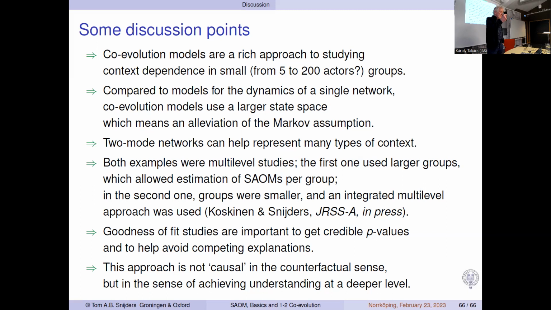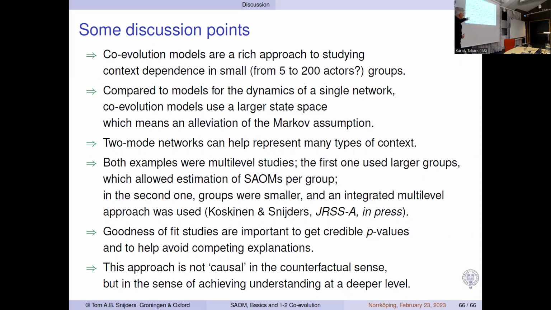The second one used an integrated Bayesian multi-level approach, random coefficient. So the latter is going to be published together with the Swedish researcher Johan Koskinen in JRSS, Journal of the Royal Statistical Society. But both were multi-level studies.